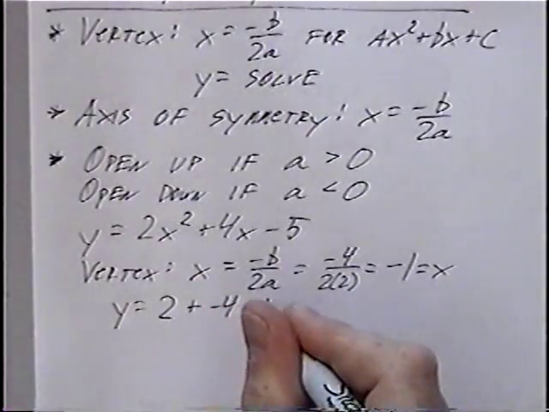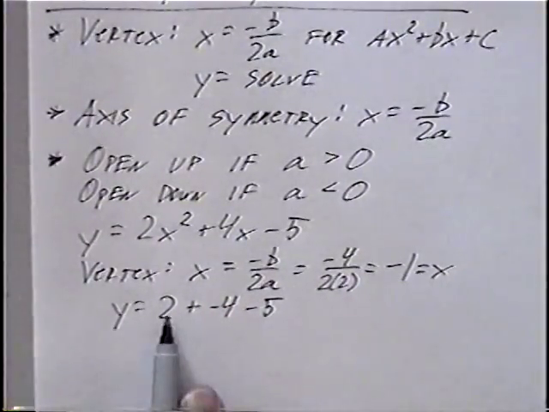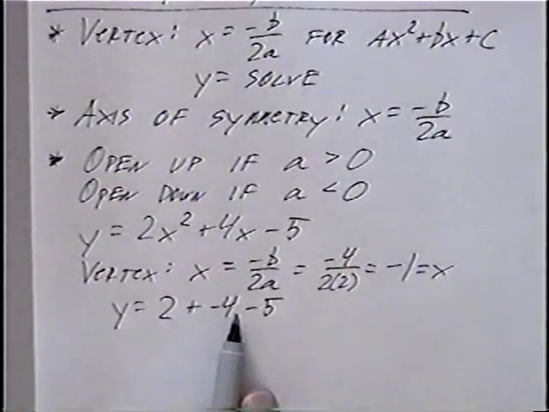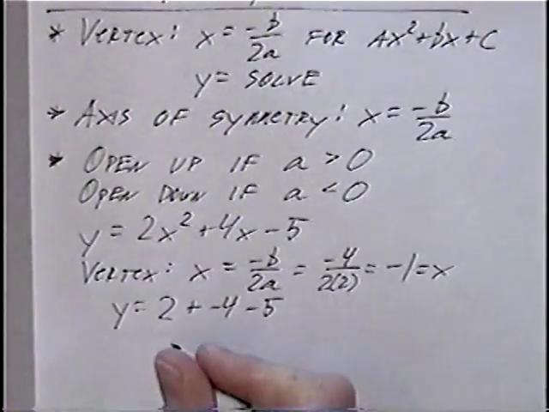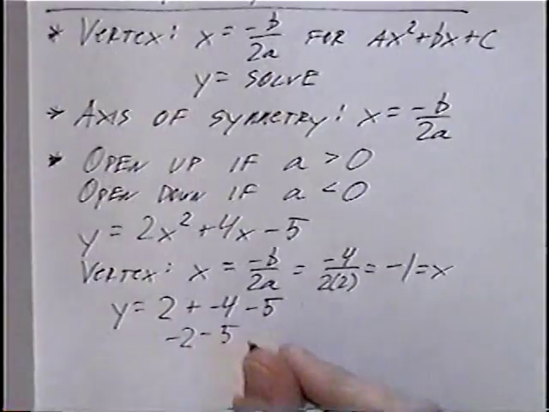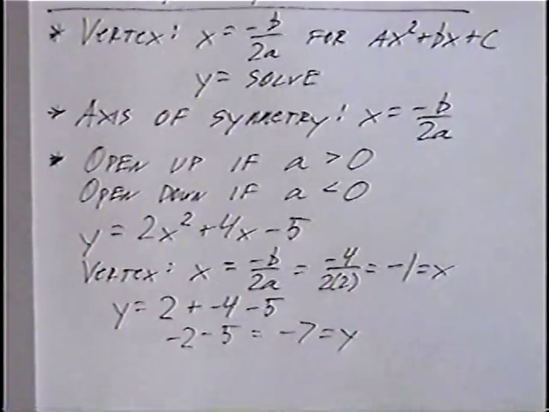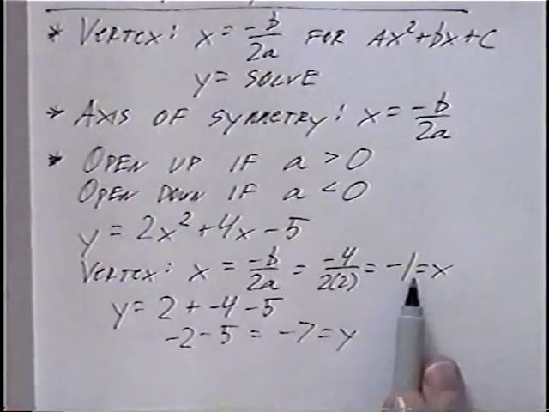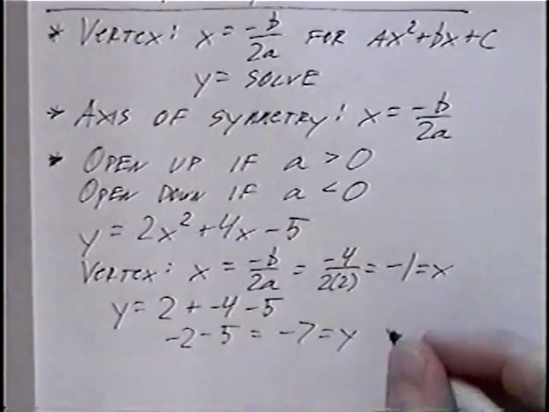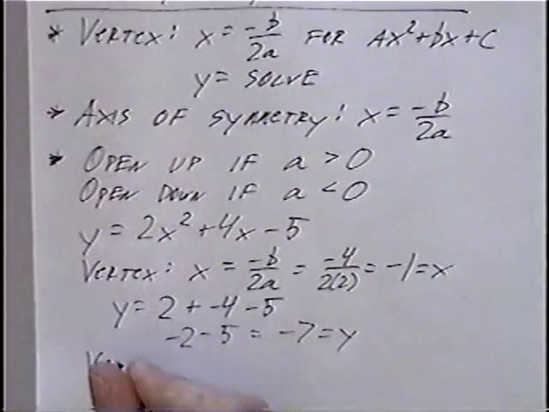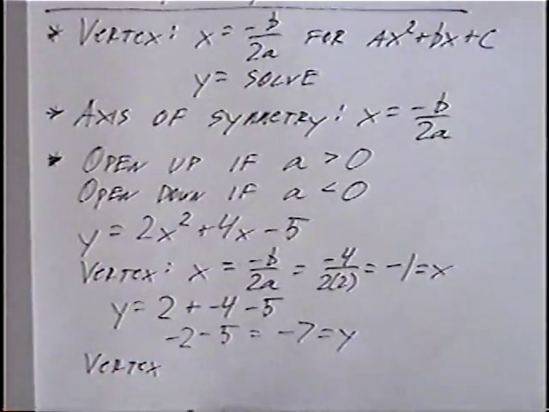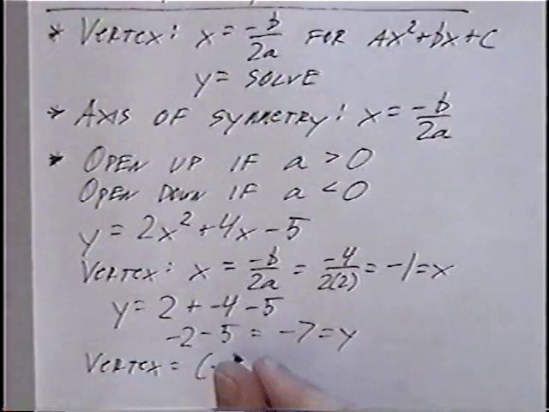And minus 5 would stay the same. 2 plus a negative 4 is the same as 2 minus 4, that would be negative 2. And negative 2 minus 5 would be negative 7, which is what y is equal to. So our vertex, x equals negative 1, y equals negative 7. We can write that as a point, negative 1, comma, negative 7.